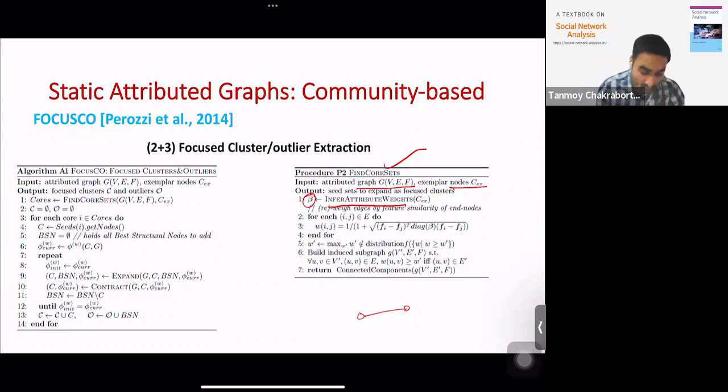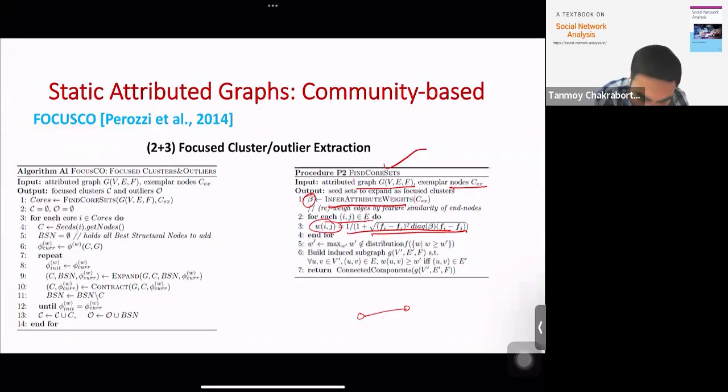What you do now, for every edge, you measure the edge weight W. And this edge weight is the inverse of the similarity of two nodes. So higher the weight, higher the dissimilarity between nodes. Of course, you can do the other way around. Higher the weight, higher the similarity of the nodes, it is the same.